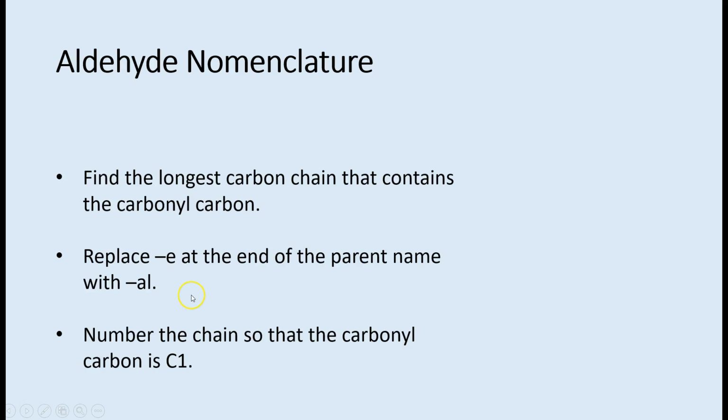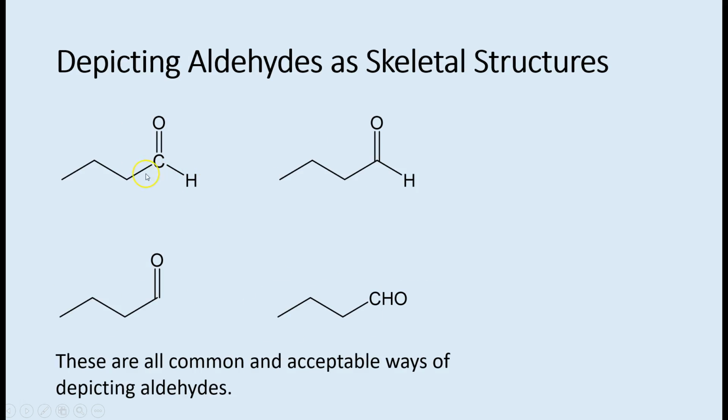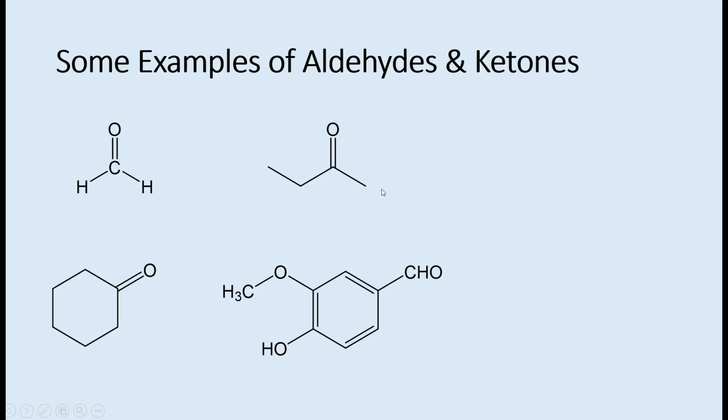And then we're going to number the chain so that the carbonyl carbon is carbon number 1. And in an aldehyde, the carbonyl carbon is always going to be at the end of the chain. That's what makes it an aldehyde. If it was not at the end of the chain, it would be a ketone. And so therefore, we are always going to number the aldehyde carbon as carbon 1.